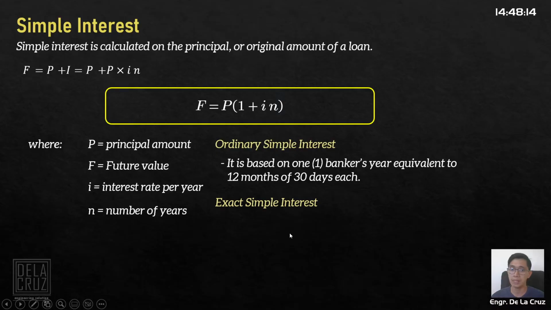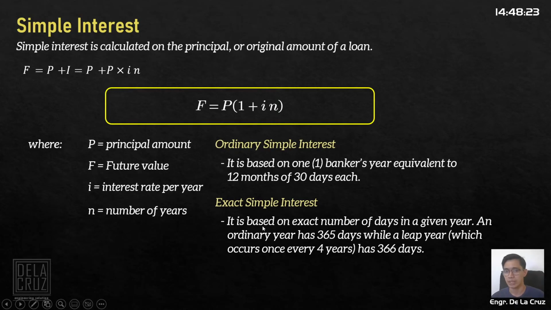Sa exact simple interest, alam natin yung isang taon is 365 days exactly. So, it is based on exact number of days in a given year. An ordinary year has 365 days, while a leap year, which occurs once every 4 years, has 366 days.